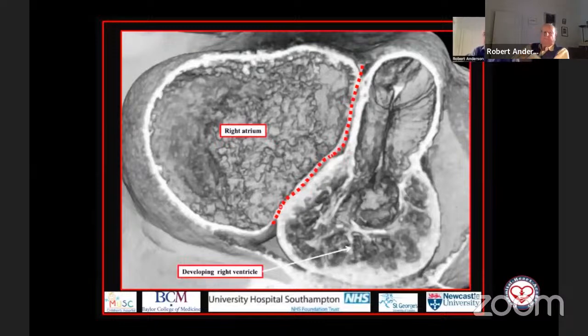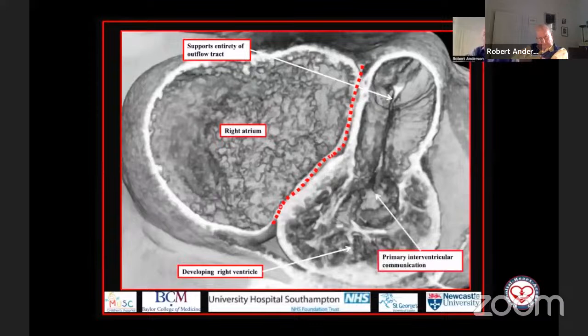But they're ballooning from the outlet part of the ventricular loop. We can see the beginning of the apical component of what will become the right ventricle. And the key at this stage, it supports the entirety of the outflow tract, and that is why all the blood at this stage has to come through this primary interventricular communication.